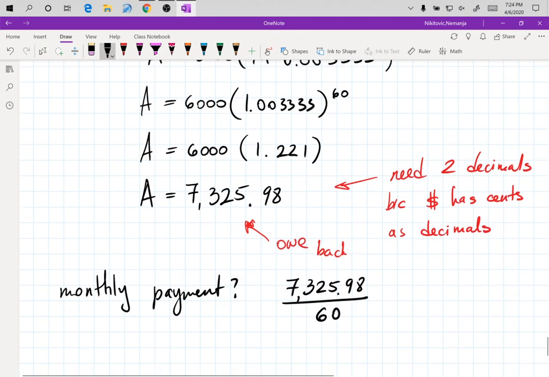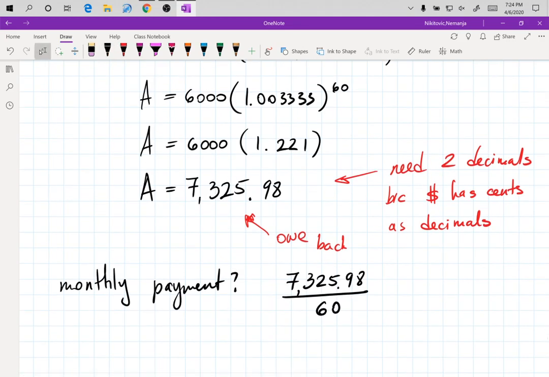Because we will be paying it off in 5 years. So you take this money, you divide it by 60, and you get that the monthly payment is $122.10. So this is your monthly payment for this car.